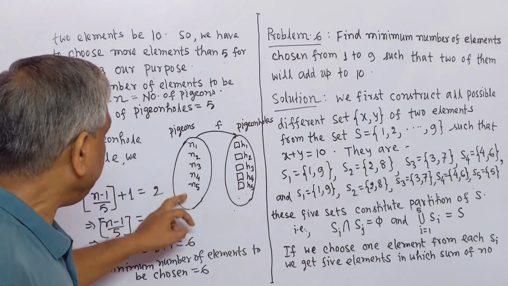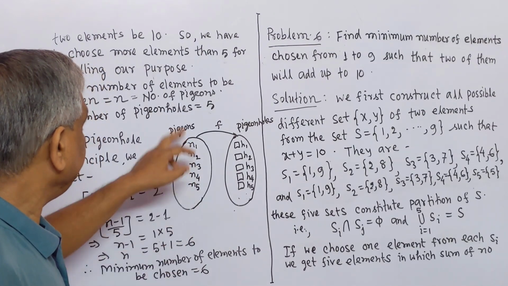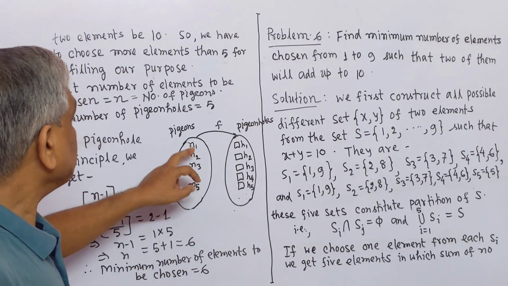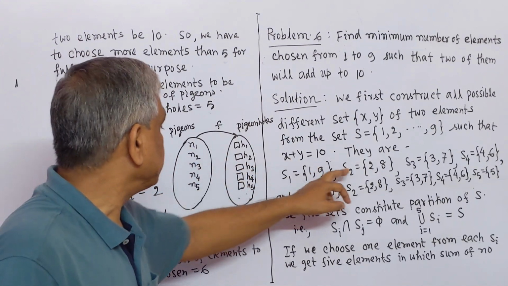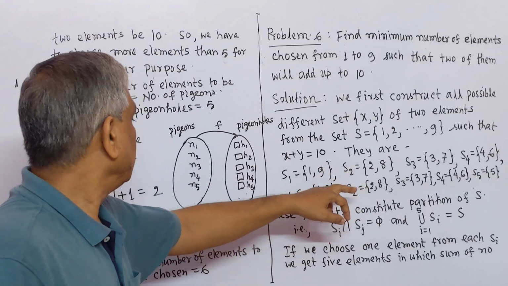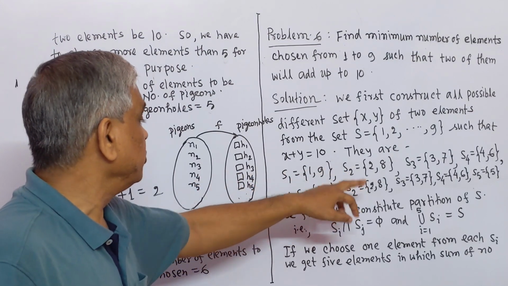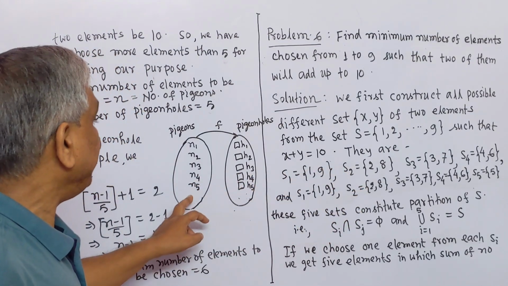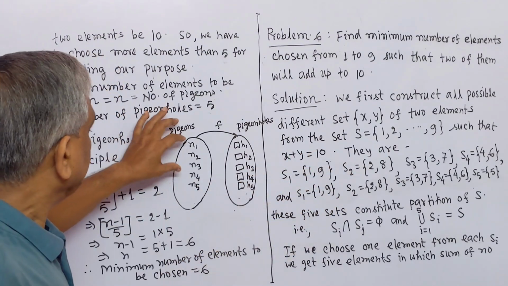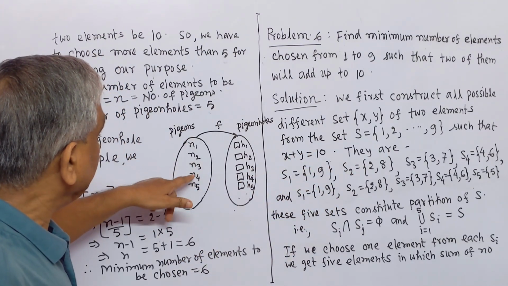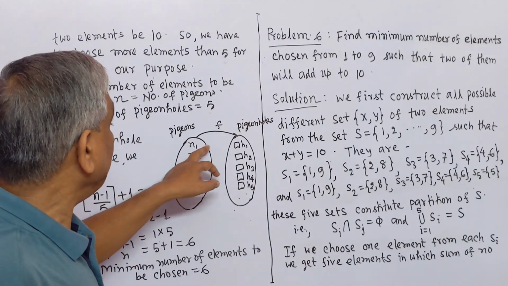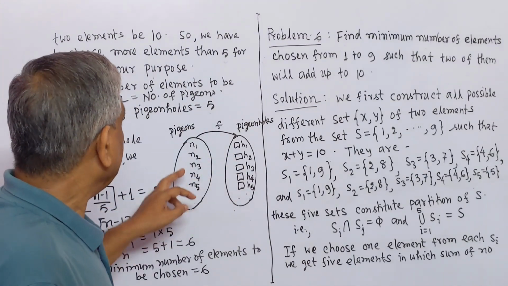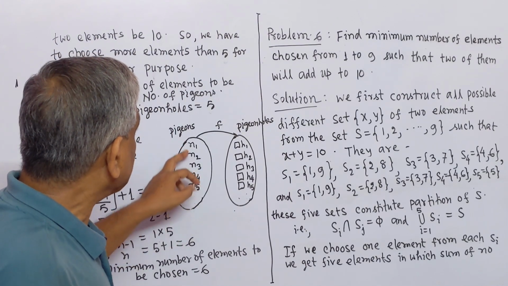If we take here 5 elements, without loss of generality, let n1 belongs to S1, n2 belongs to S2, n3 belongs to S3, n4 belongs to S4 and n5 belongs to S5. Here sum of no two elements will give 10. Let n1 belongs to H1. Here number of elements be 5.